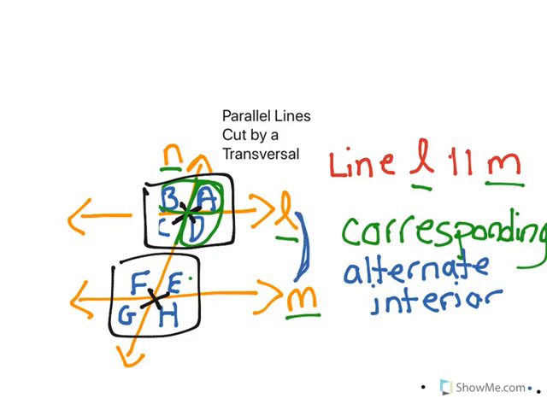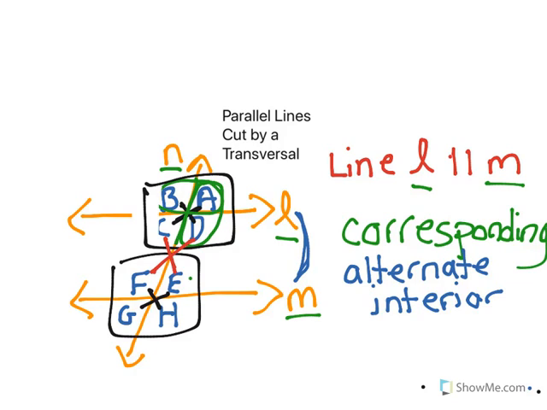So our parallel lines are L and M. So they're on the interior of it, but are on opposite sides. So in this particular example, angle C and E are alternate interior angles. Also, angles F and D are alternate interior angles. Notice how they're in between my parallel lines there.